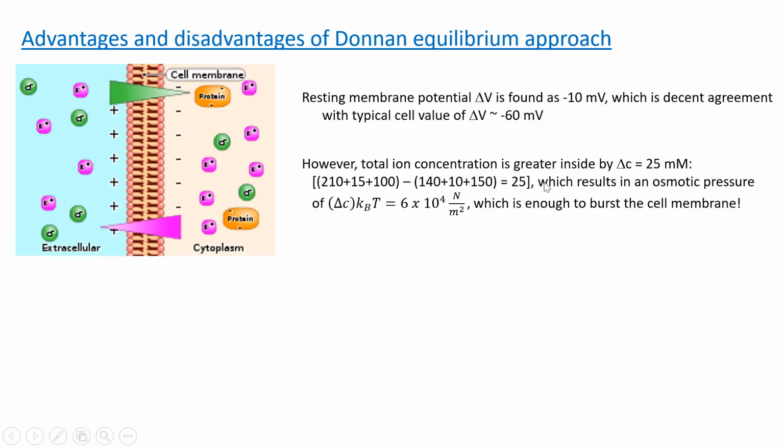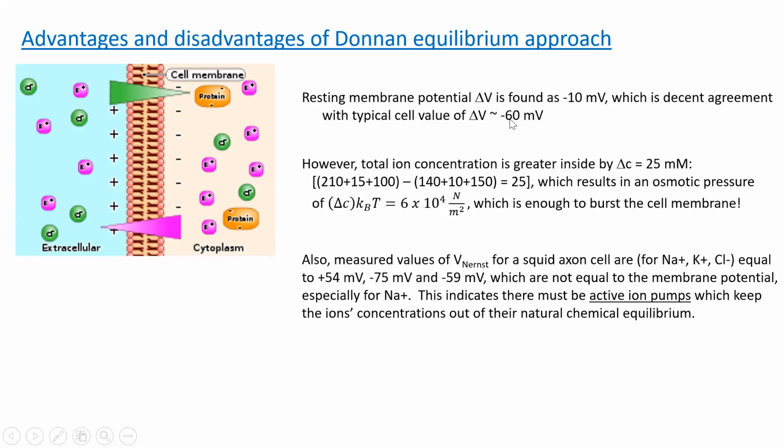And a difference in concentrations results in an osmotic pressure of delta C, 25 millimolars times kBT, which turns out to be a sizable pressure, in fact, enough to burst the cell membrane. So clearly we don't have the whole picture here in using the Donnan equilibrium, even though we've got some rough agreement with the membrane potential, at least that it's negative as it is experimentally found to be.